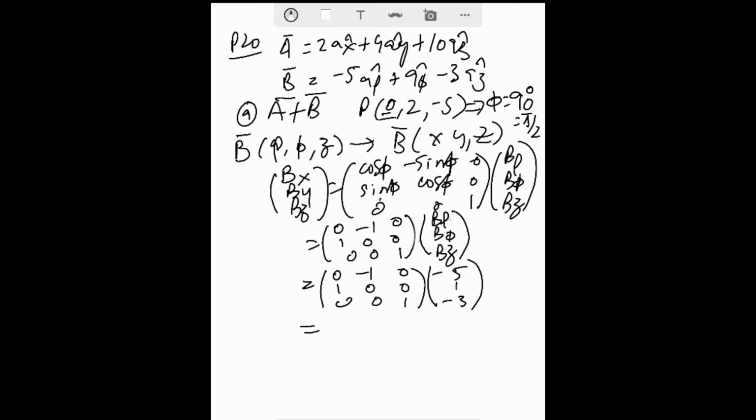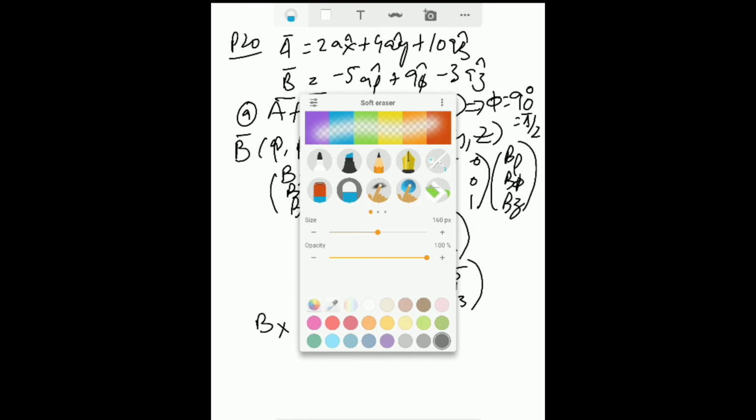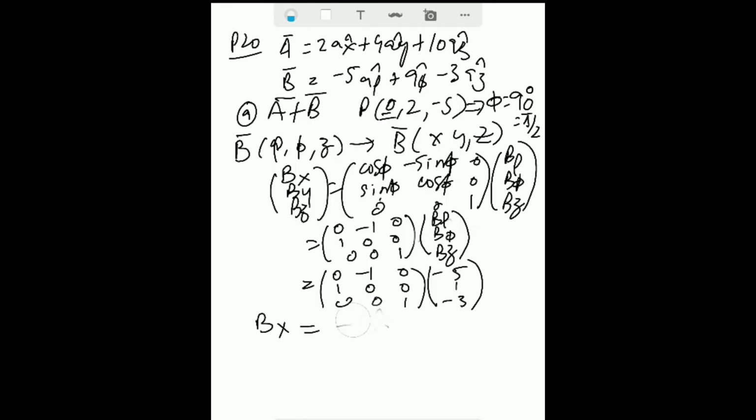So Bx will be equal to the first row: 0 multiplied by minus 5, minus 1 multiplied by 1, and 0 multiplied by minus 3, so this will be just minus 1.